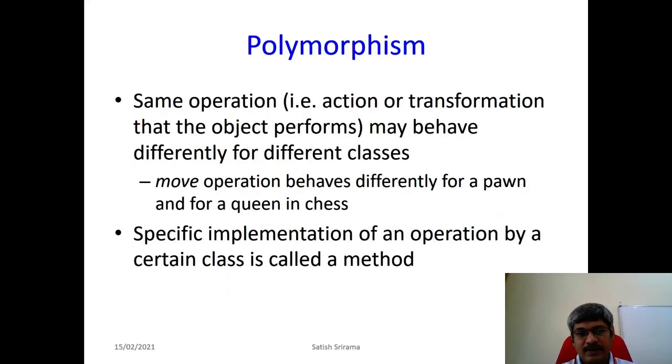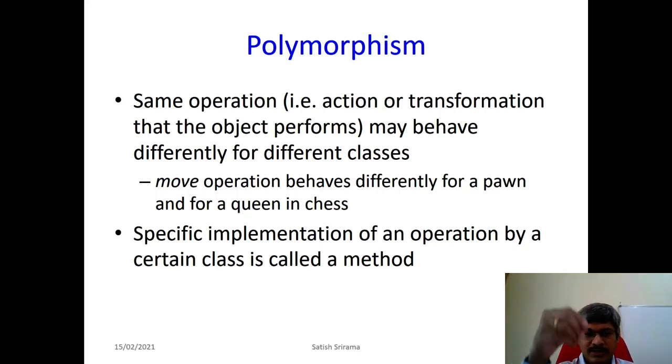Then another very important feature is polymorphism. Polymorphism means the same operation, whatever action or transformation you want to perform on an object, may behave differently for different classes. Assume there is a chess playing object, and all the objects extend this one.